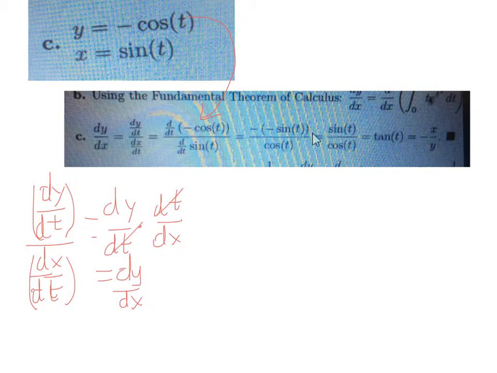And then on the bottom, the derivative of sine t is cos t. And so that leaves us, let me change colors here, at this point. So when we clean that up, a negative times a negative is a positive, and we've got sine over cos.